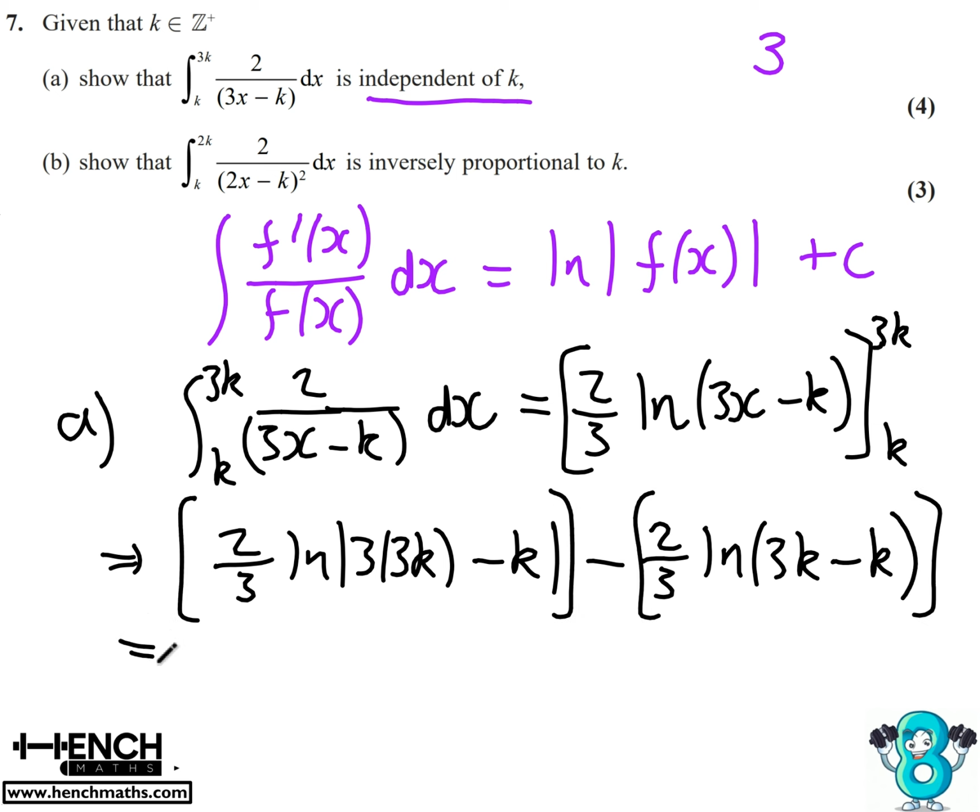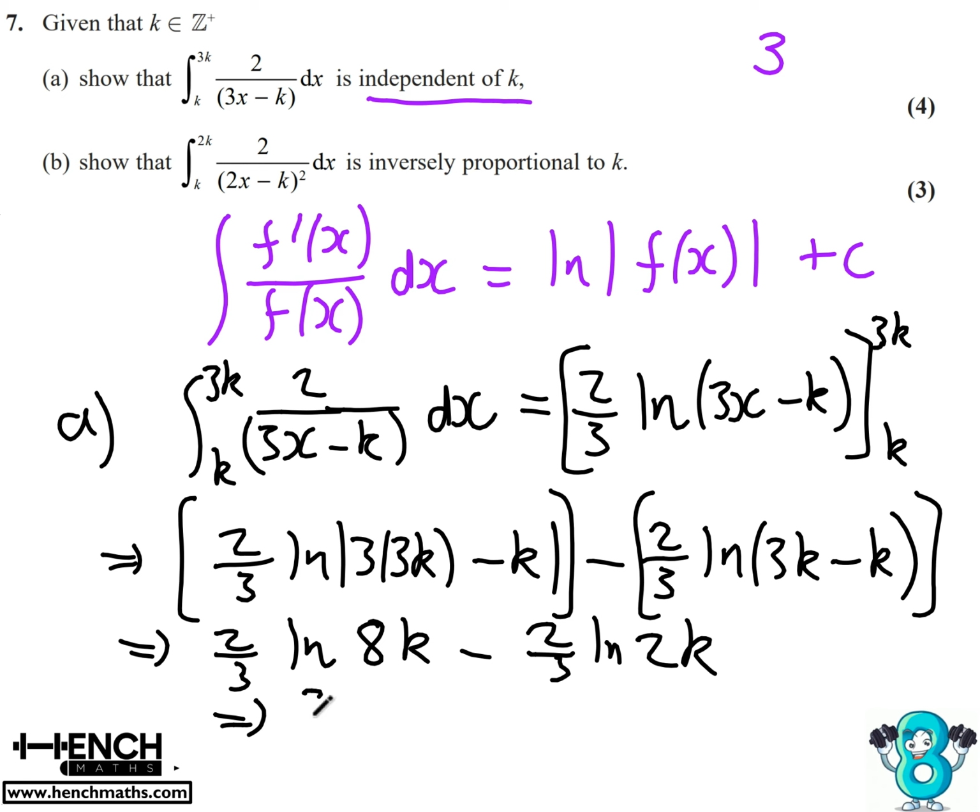What are these going to simplify to? So we're going to get 2/3 of the natural log of 8k subtract 2/3 the natural log of 2k. So I could have done this earlier actually, but if I factorize out that 2/3, you've got the natural log of 8k subtract the natural log of 2k.